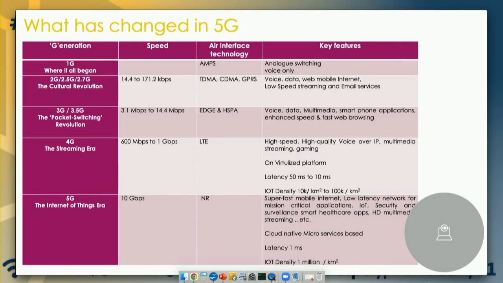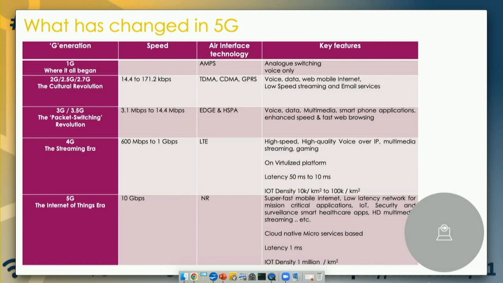Before talking about 5G, let's have a quick look at the journey from the start of wireless networks to 5G. What has changed with 5G till date? From this table, we can see how we progressed from 1G to 5G. When we started with 1G, it was analog switching, that is voice only. There was no data. Then came 2G or 2.x-G, with a speed of a few kbps in addition to voice, there was data.